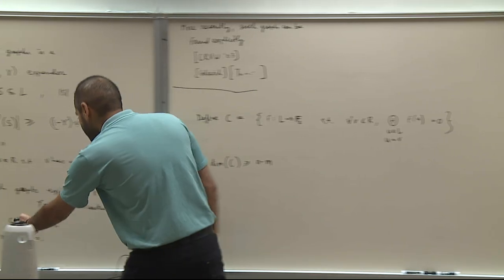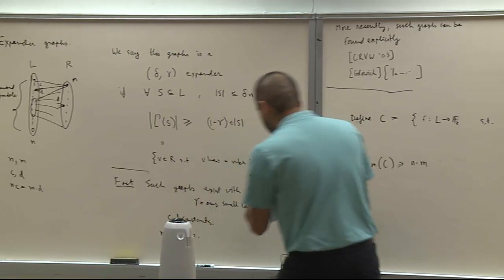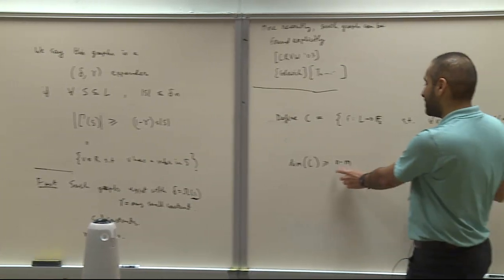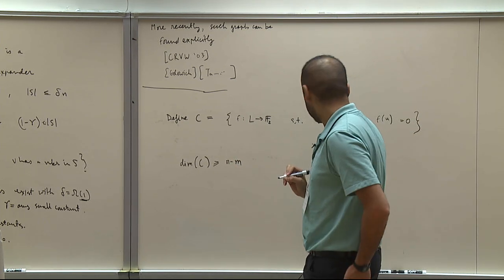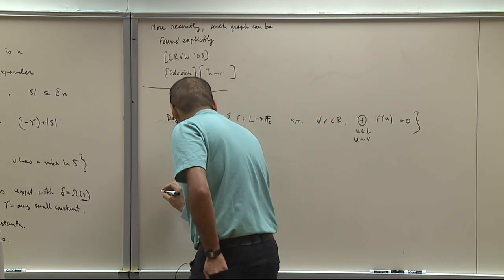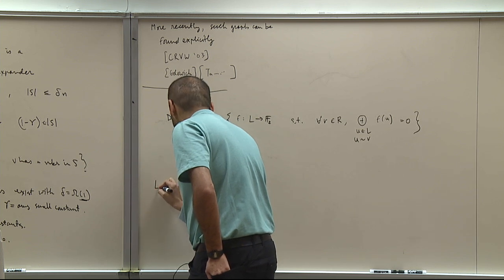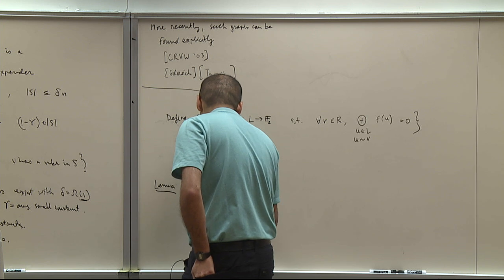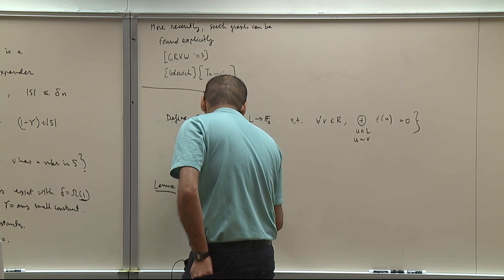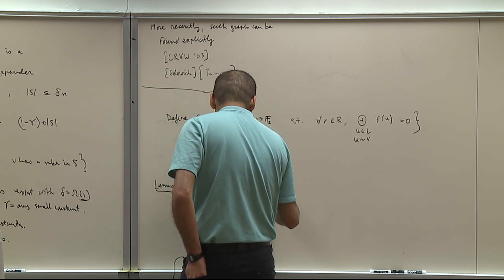If C and D are constants, then n and m are some positive ratio of each other. So this is going to be omega n, the way I set it up. Okay, and C has distance omega, and I guess this is a lemma.